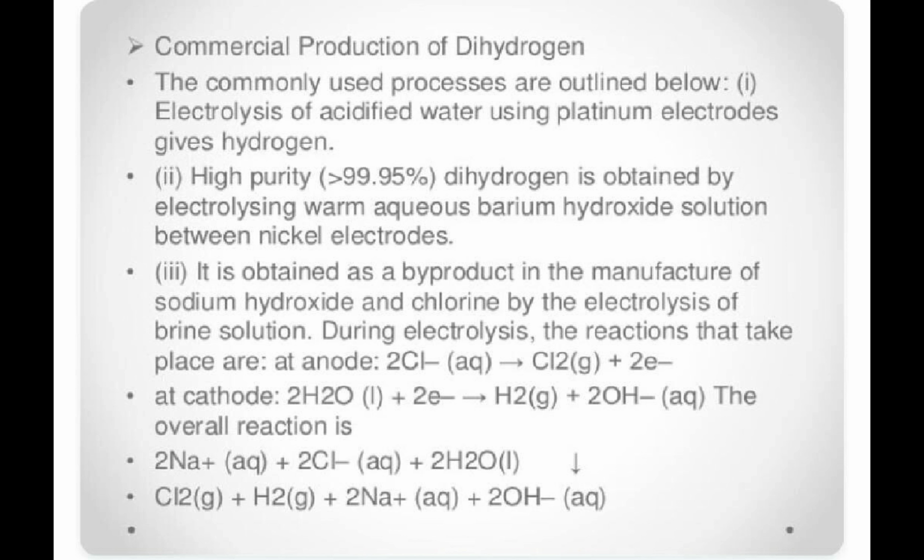At the cathode, 2H2O plus 2 electrons give H2 plus 2 OH- ions, and the overall reaction is 2Na+ + 2Cl- gives 2NaCl. Then you get hydrogen in the final process. You can refer to the equations in the textbook as well.